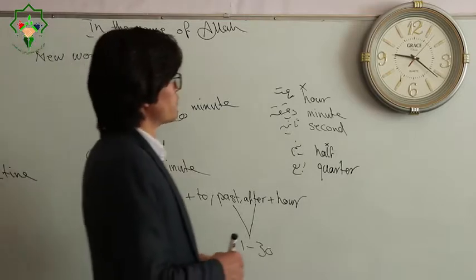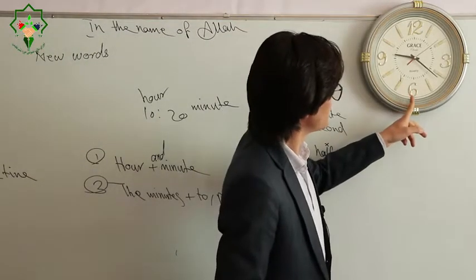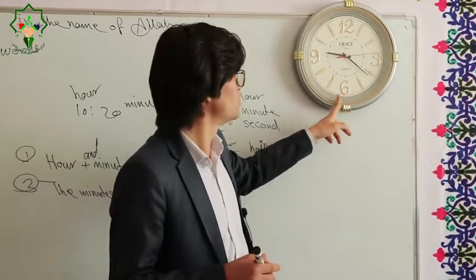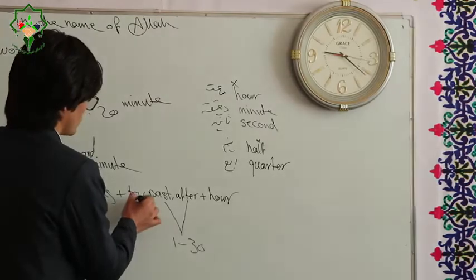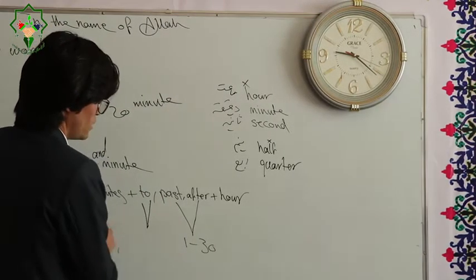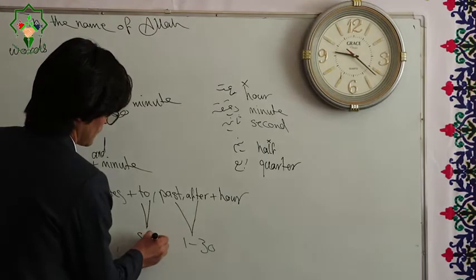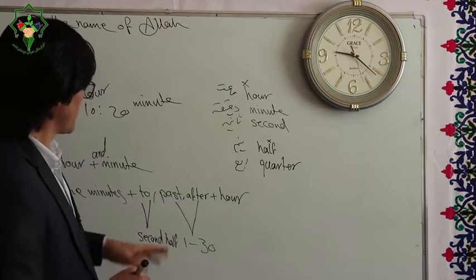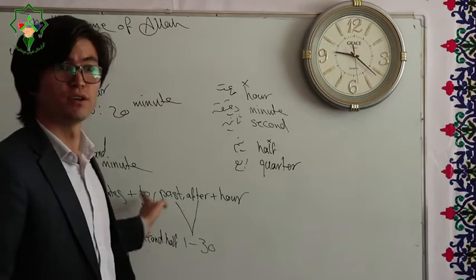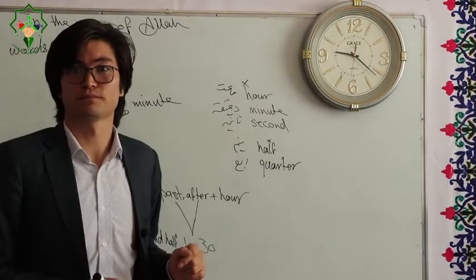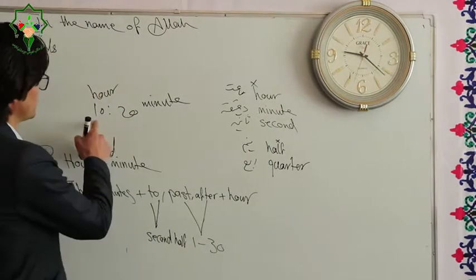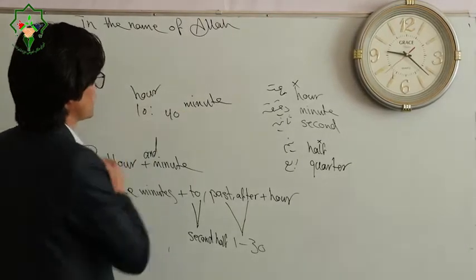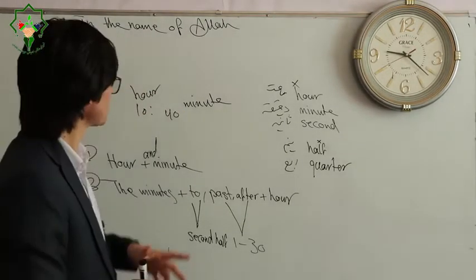But from this number after 30, or the second half, you have to use what? To. Okay? For the second half, you have to use to, but you have to say the second hour. How? Look here. If I change it to this, look now.